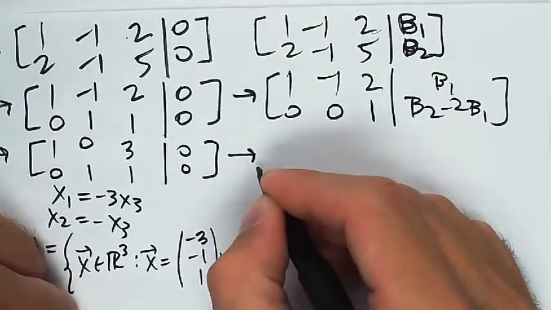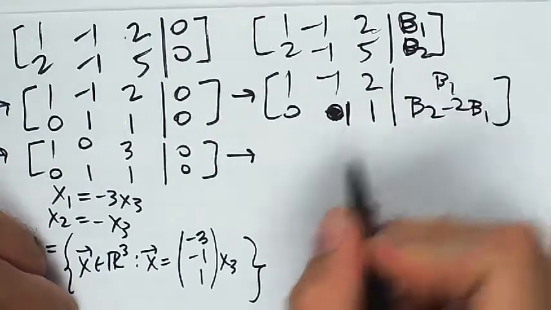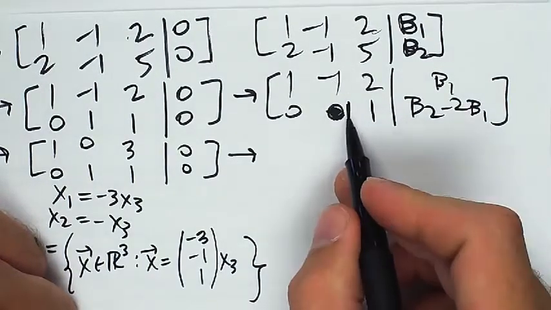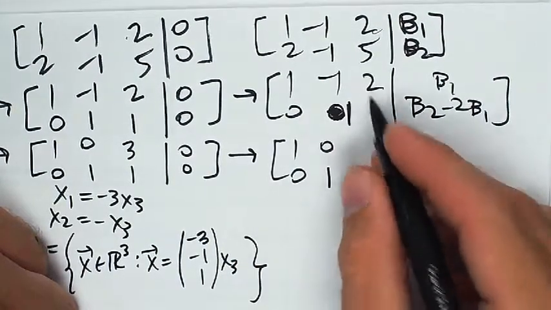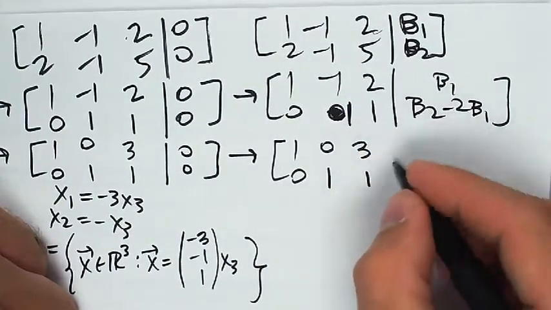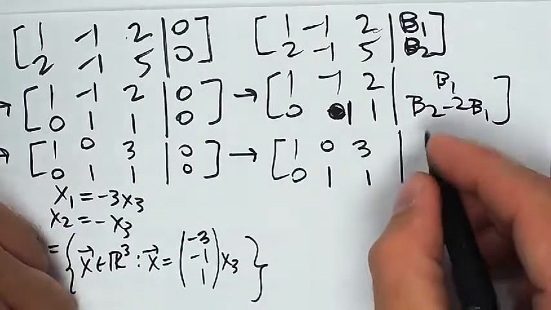Then I'm going to, wait, that's going to be the 1. Yeah. Now I'm going to add up. Okay, that's promising because I got the same kind of reduced echelon form that I got before.